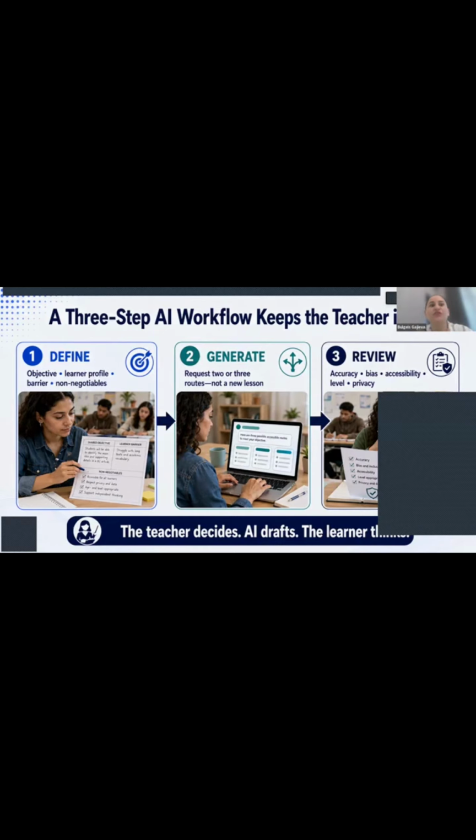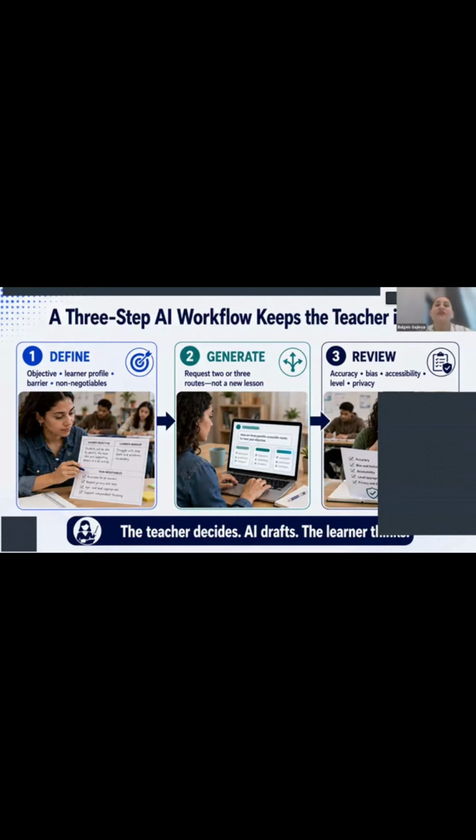As teachers, we must check factual accuracy, language level, and of course cultural relevance and accessibility bias. For example, UNESCO recommends a human-centered approach to generative AI in education. This means that professional judgment cannot be outsourced.